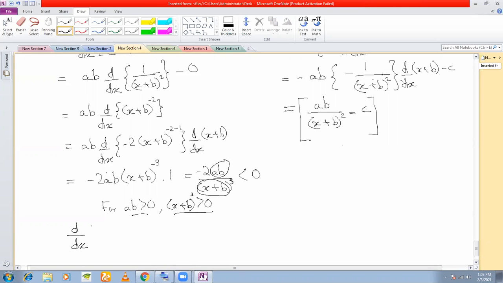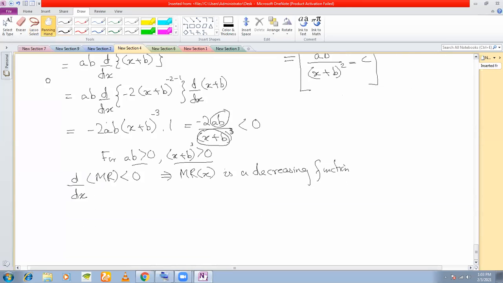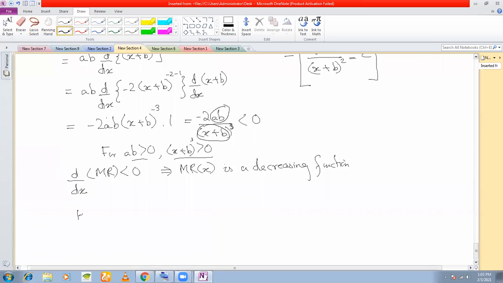That means d/dx of MR is less than 0. That means MR(x), marginal revenue as a function of x, is a decreasing function. So hence, our conclusion is, hence, marginal revenue decreases with the increase of x.